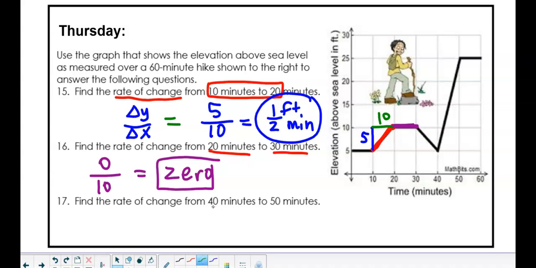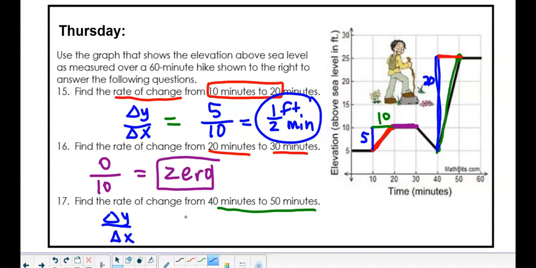Now the last question is, what's the rate of change from 40 to 50? Well, here's 40, and there's 50. So let's take a look at the change along the y-axis. So we went from 5 all the way up to 25. So from 5 to 25 is a change of 20. And then from 40 to 50 is a change of 10.